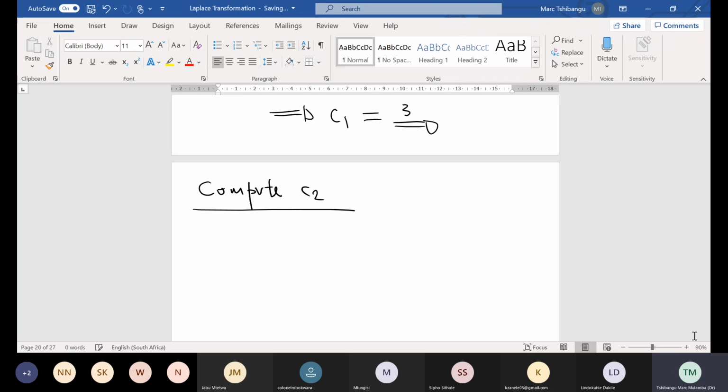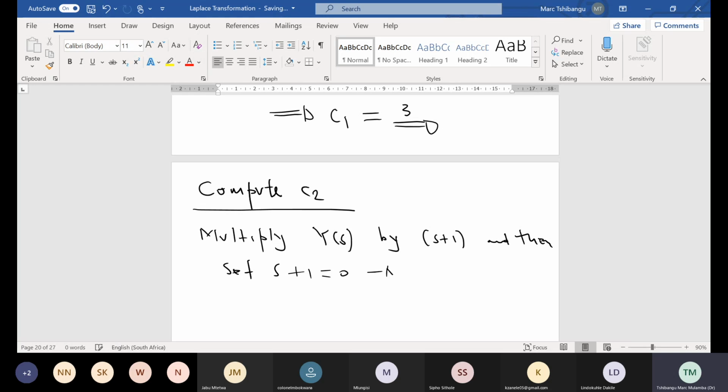So what we're going to do is multiply by S plus 1, and then set S plus 1 equals 0 such that S is equal to negative 1.